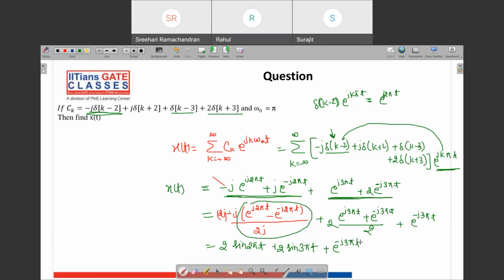So this will be the signal x of t. The second one is cos, and this one is cos pi t. So this is the time domain signal that we'll get.